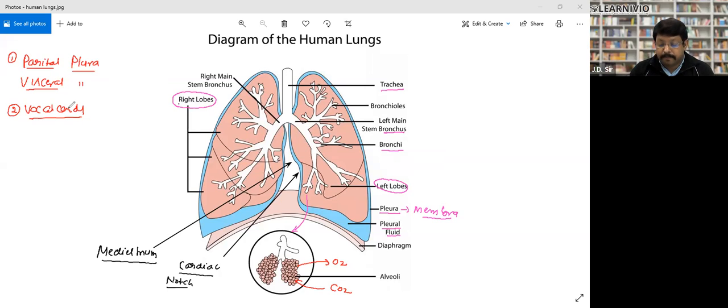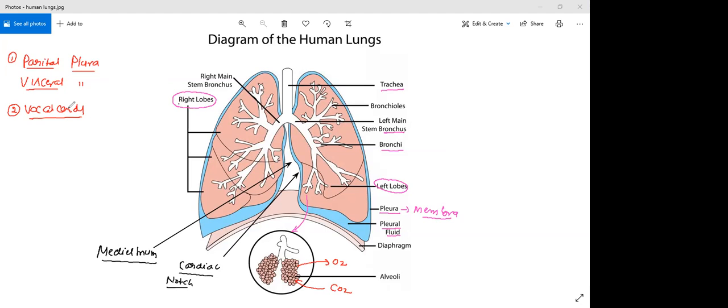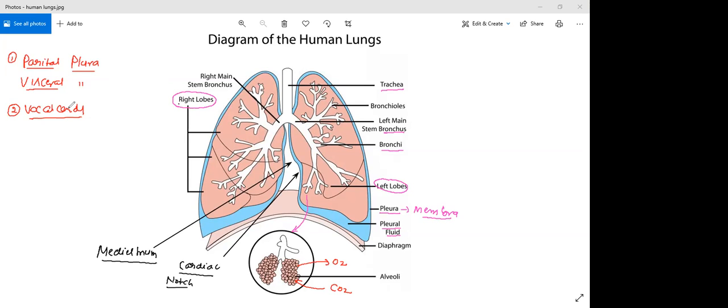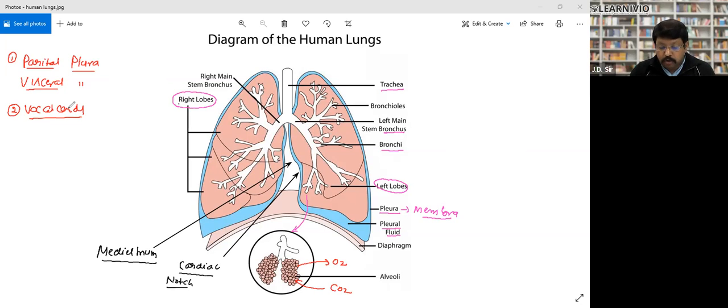The upper pair is termed as false vocal cord, and the lower pair is called true vocal cord.